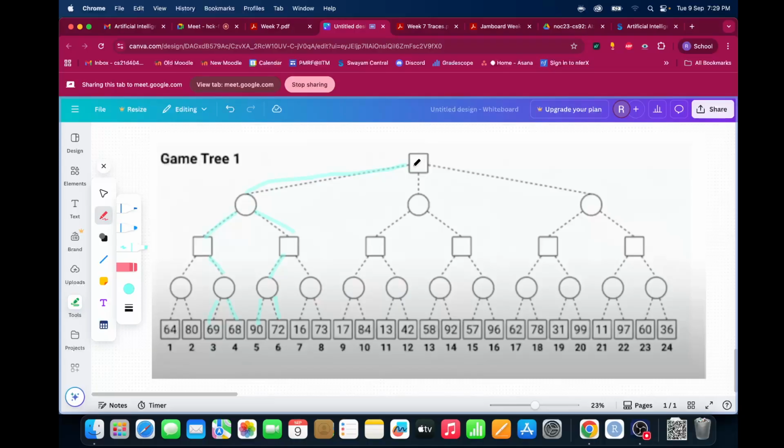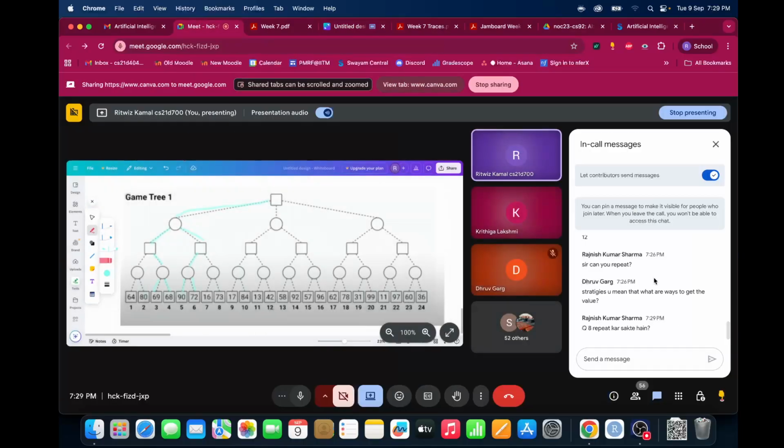This whole selection of moves at each level, this one at the first level, these two at the next level, these at the next level, and these four at the final level, this whole thing constitutes one strategy.